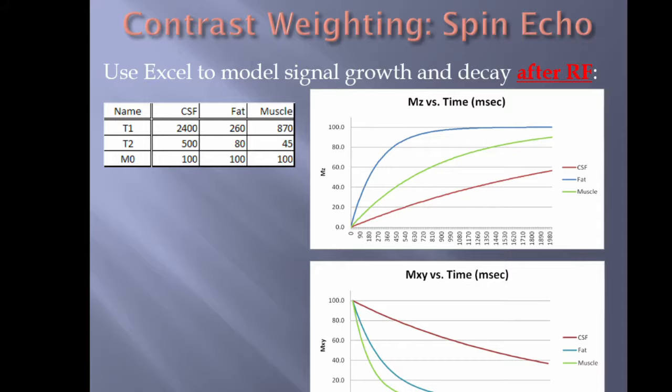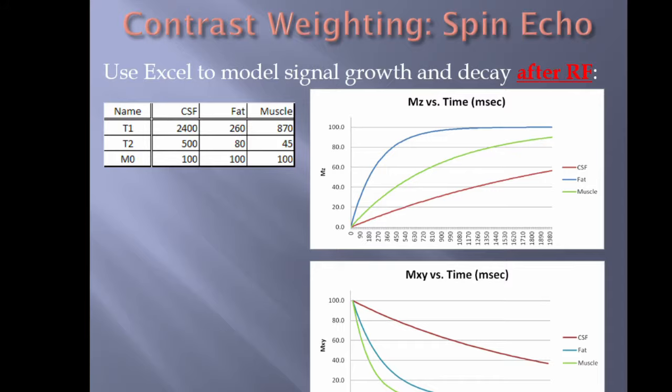So who's our leader up here, this blue curve? Well, that's fat. We already knew that. We said fat has pretty much the shortest T1 time in the body. So you can see how fat is going to separate itself from CSF very well based on how long you give it to recover.